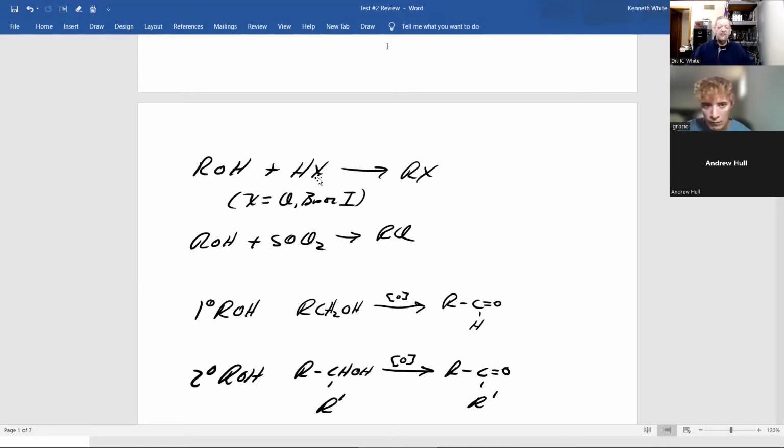Now, as I showed in class, but I won't put on a test, if you have more than one functional group, that HX may react with it. So it was discovered by, I don't know who the chemist was who did this. One of these days I got to look it up. Take an alcohol, react it with thionyl chloride, excuse me, SOCl2, you replace the hydroxyl group on the carbon that has the hydroxyl group with the chlorine.